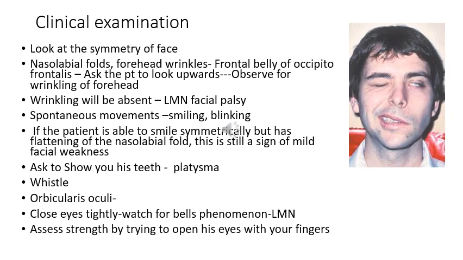The patient can't show his teeth because the platysma muscle is affected. Ask him to whistle, he'll not be able to do it because the buccinator is affected. Again, the orbicularis oculi muscle is affected. So ask him to close the eyes tightly and watch for the Bell's phenomenon. I've mentioned it earlier. Then assess the strength by trying to open his eyes with your fingers.